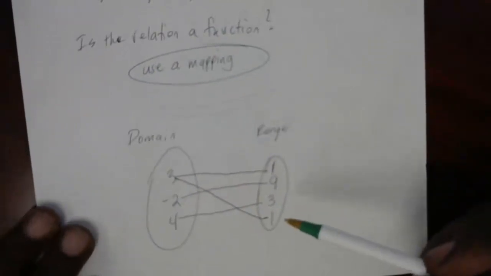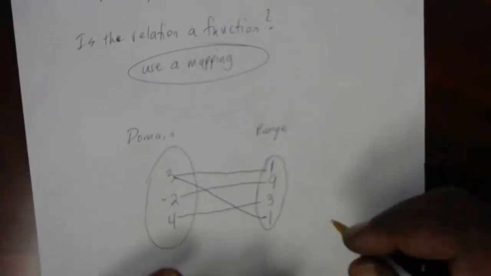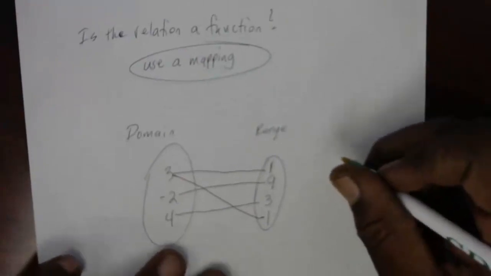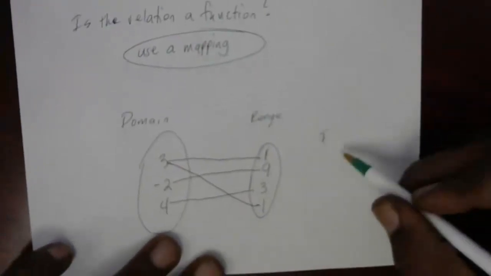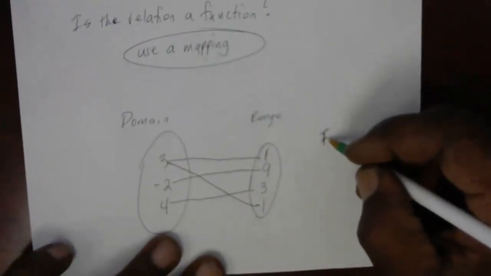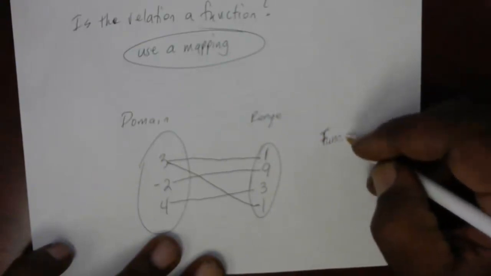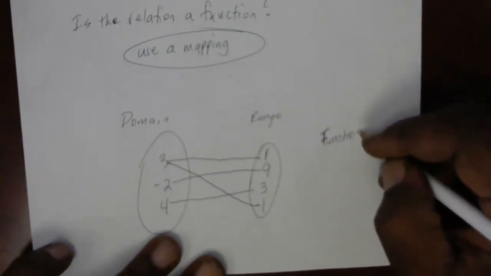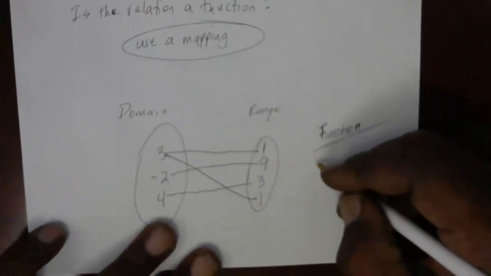Right, now we're going to take a look at the definition. The definition says, I'm going to kind of abbreviate it over here, and this is for a function.